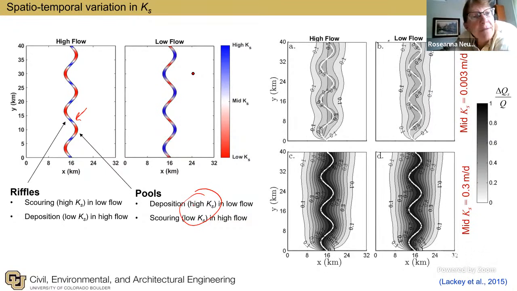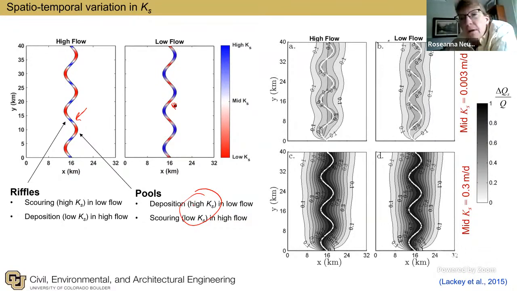Under low flow, you'll have deposition in the riffles, so lower conductivity in the riffles and higher conductivity in the pools where you have scouring. This is something that isn't taken into account in most numerical simulations, and certainly not in most of the analytical solutions of stream depletion, but it could make a difference.